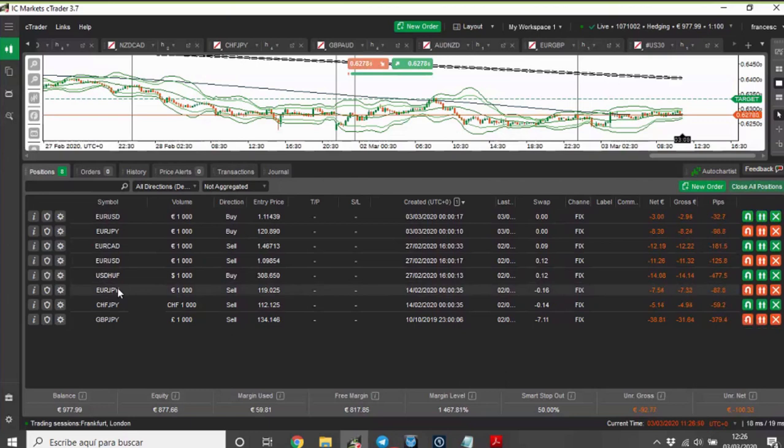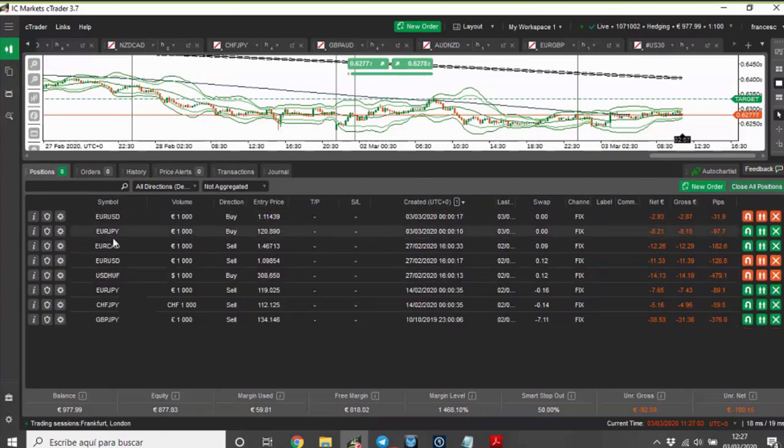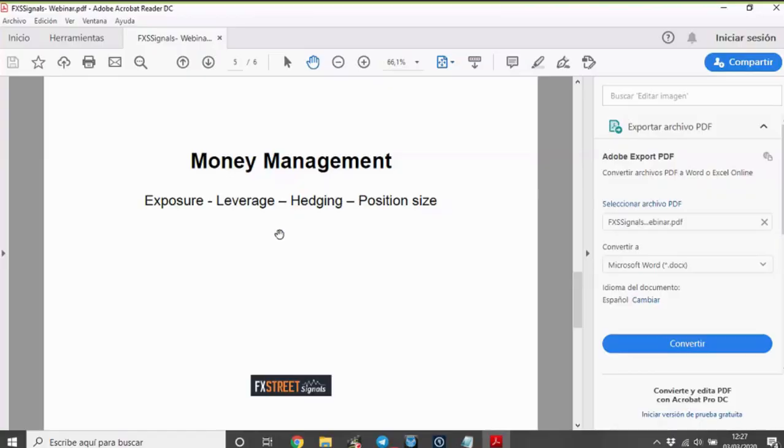So they will not close at once. They have been opened at once and they will close in different moments, as we just closed the euro sterling this morning. So the almost 100% hedge we have here will be probably dissolved within the next hours or few days. Okay, so this is what we understand as net exposure.